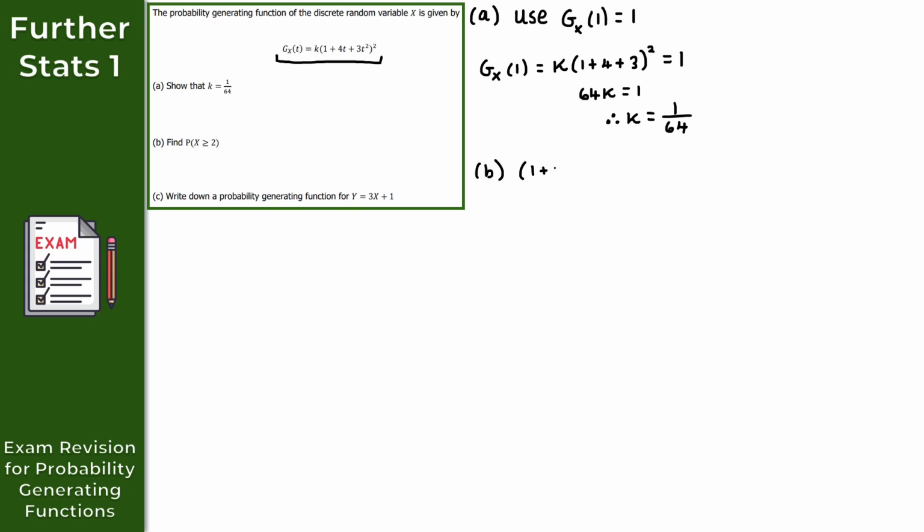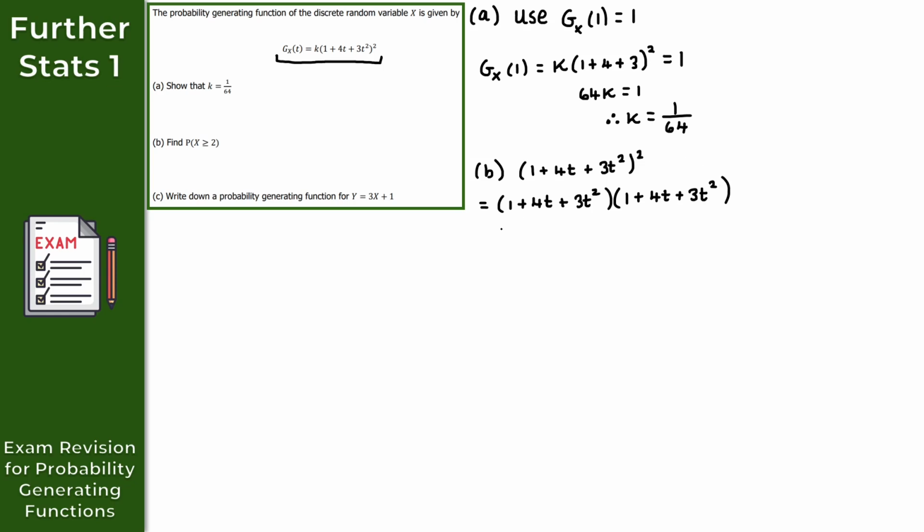So 1 plus 4t plus 3t squared, that's all squared. So in that case, that is simply 1 plus 4t plus 3t squared, and we times it by itself again.